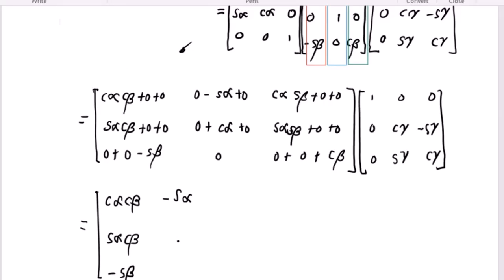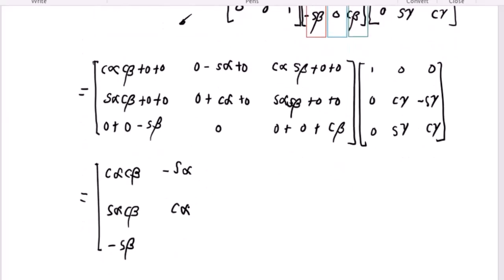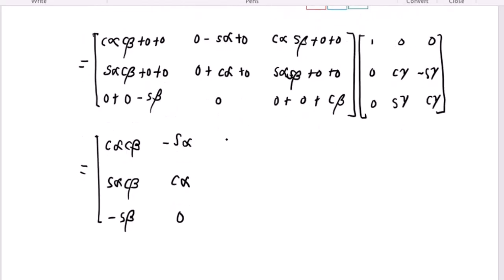You have to be careful here. One single mistake ruins all. This is the problem with the matrix. And this is 0 here. Then this is cosine alpha, sine beta. This is sine alpha, sine beta, cosine beta.